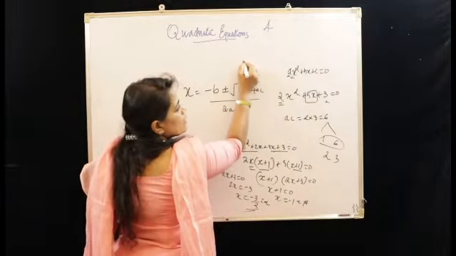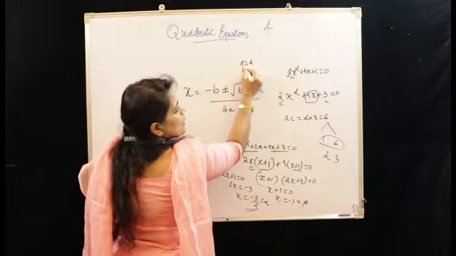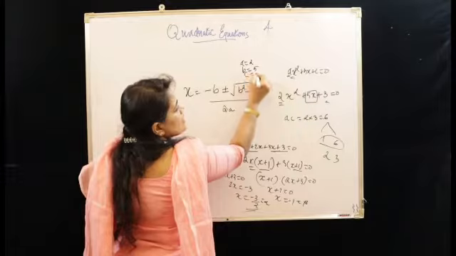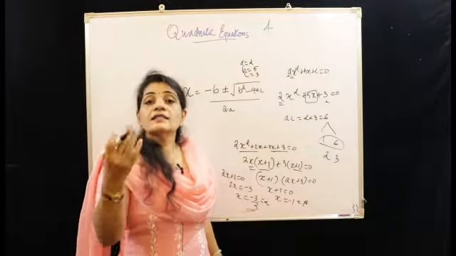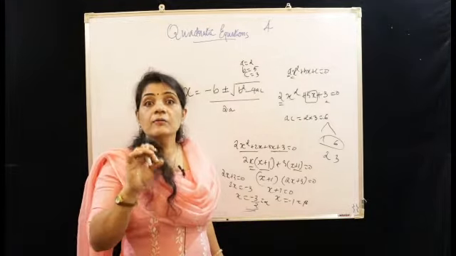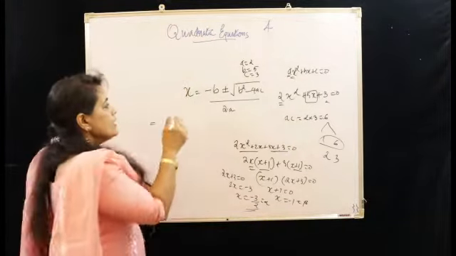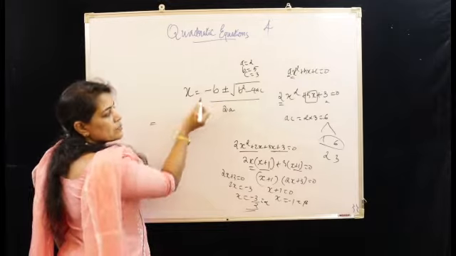Here, comparing with the general form, you will get a equal to 2, b equal to 5 and c equal to 3. You just compare the given equation with the general form and write a, b and c. And here a is known, and we are going to substitute over here.